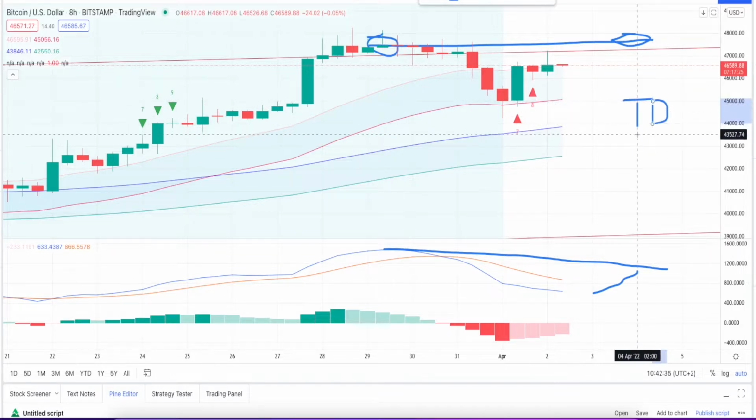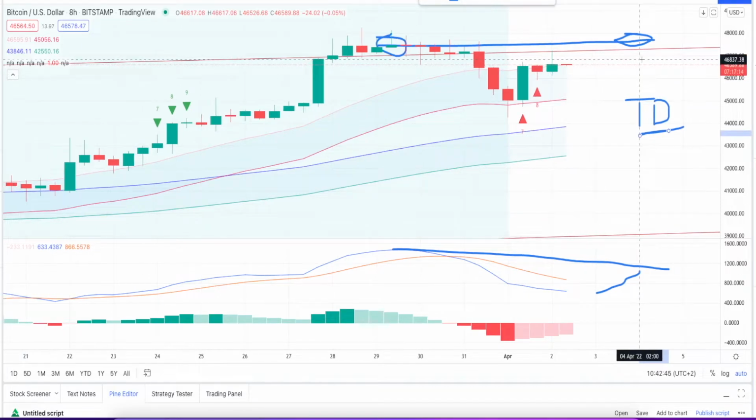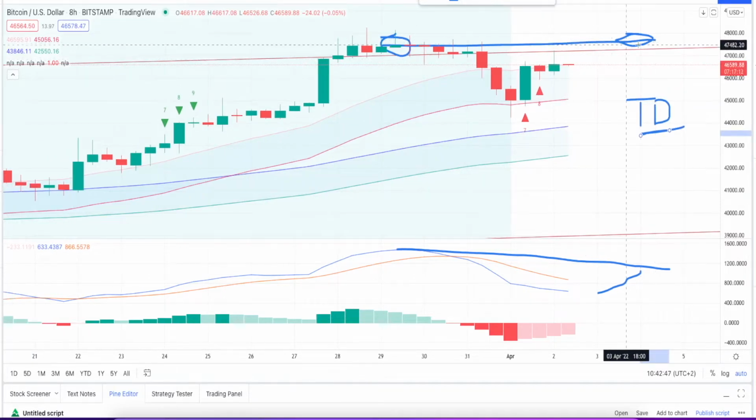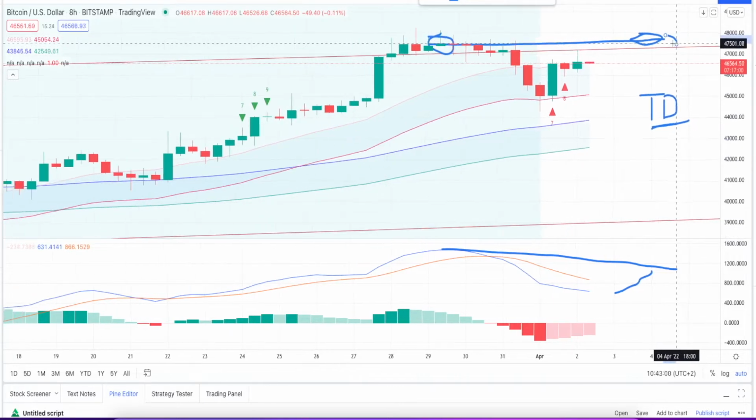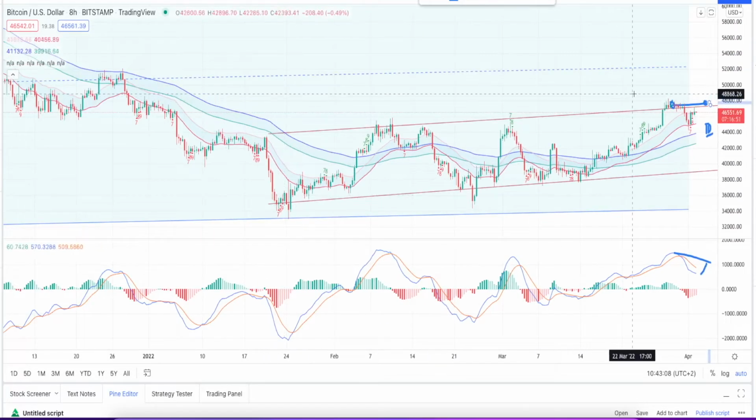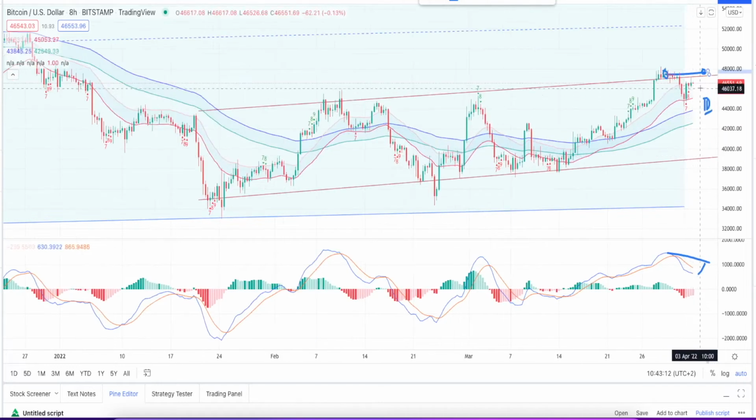Top divergence is a precondition of a top structure. So we need to closely monitor the price movement, especially when the price creates a higher high. We need to monitor whether it will be the end of this rebound. This is an important point to watch out for in the near future.